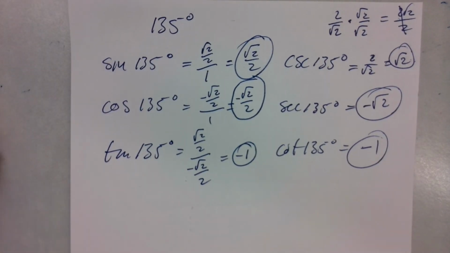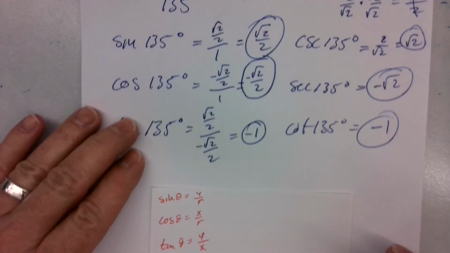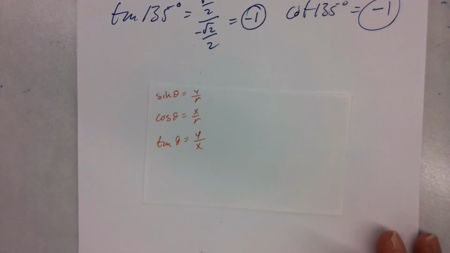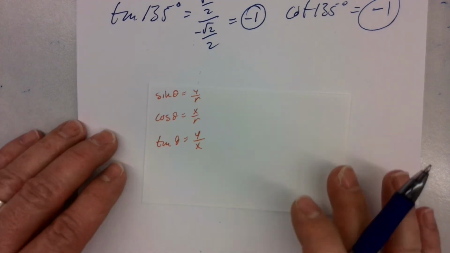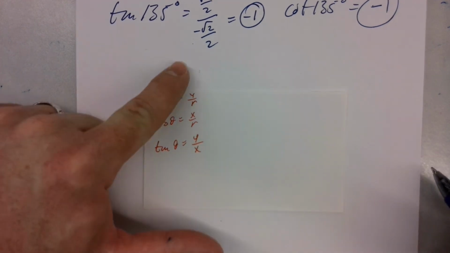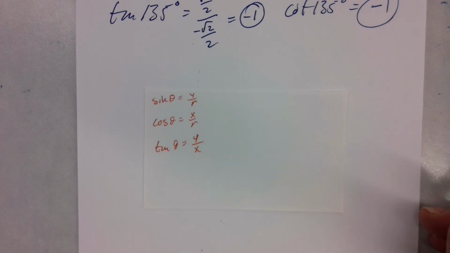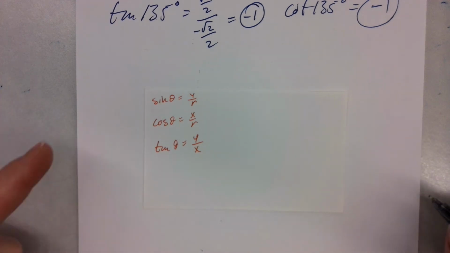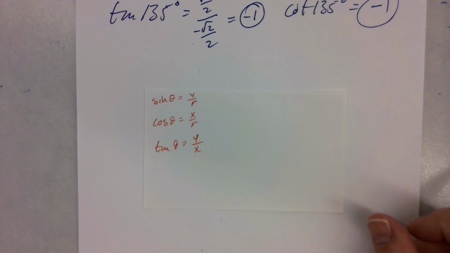Let me show you something really quick. Everybody write this down on your paper somewhere. Sine of theta is y over r. Cosine of theta is x over r. Tangent of theta is y over x. Write that down. I probably would write it on my unit circle as well.